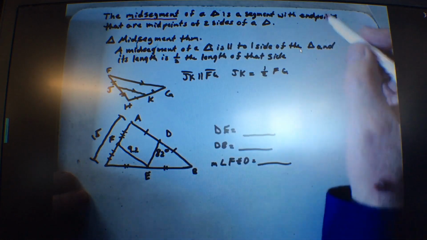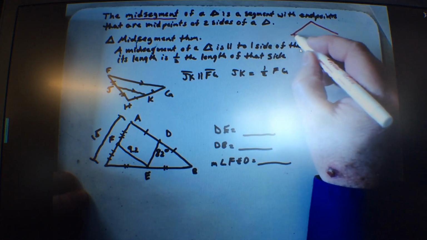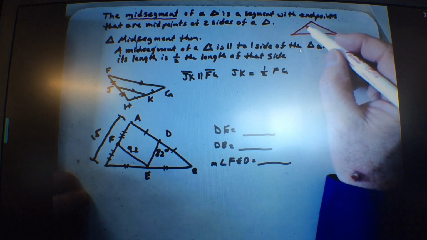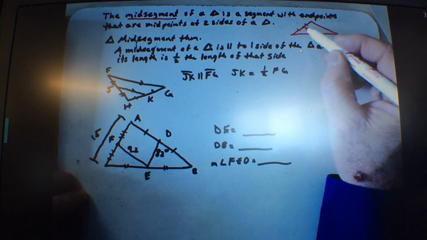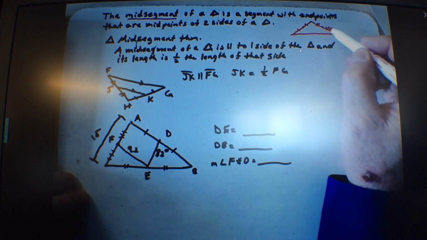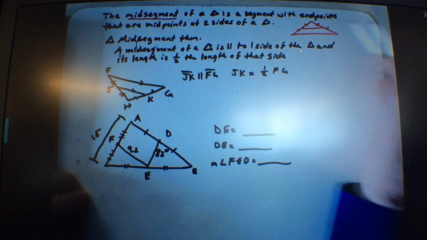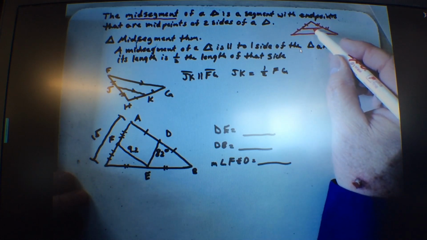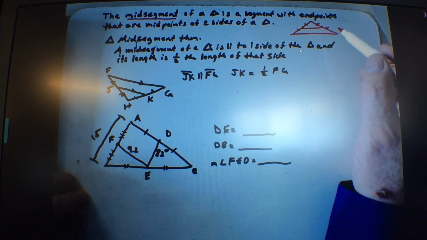So if I have a triangle here, the mid-segment is the midpoint of this side and the midpoint of this side. If I connect those, that's called a mid-segment.